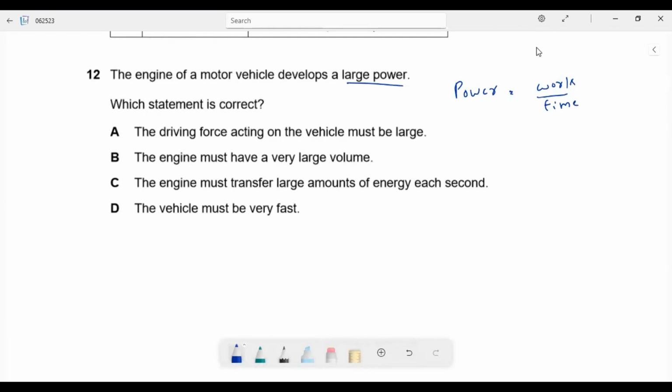That means the energy transferred should be more per second. So here the right answer is C. The engine must transfer a large amount of energy in each second. That is, the rate of work done must be more to increase the power.